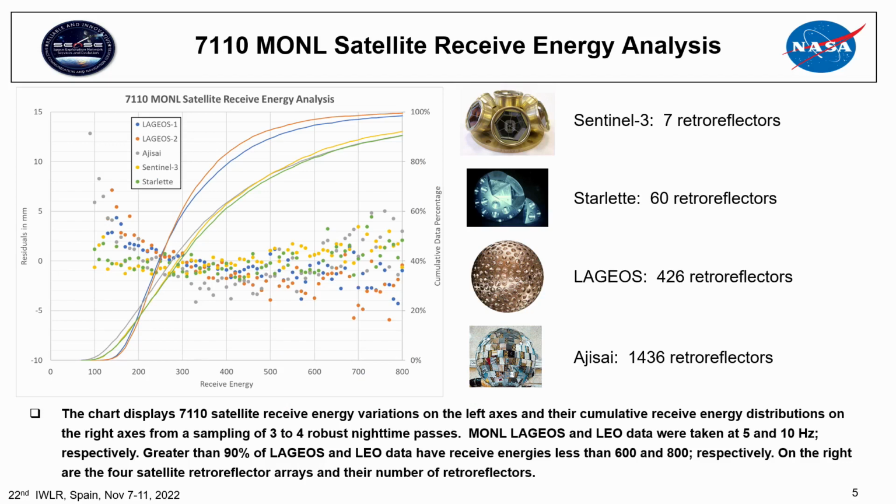So in this chart, I aggregated the residuals from several passes on these different satellites, Sentinel, Starlette, LAGEOS, and Ajisai, as a function of receive energy on the left axis. On the right axis is the cumulative distribution of receive energies on these different satellites.